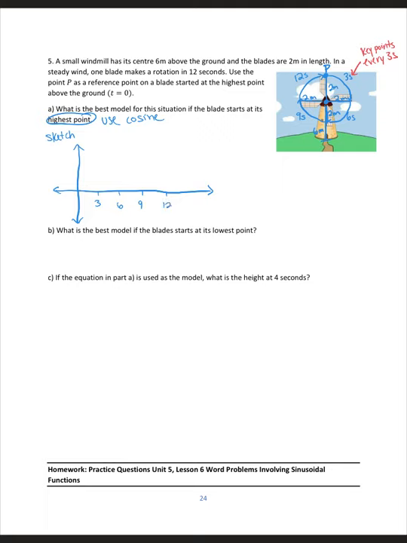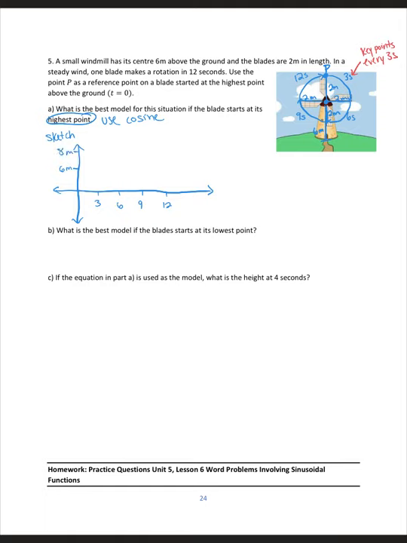We also know that the middle of this windmill is 6 meters. So we know the middle is going to be 6 meters. So if we think about what's the maximum height of point P, well, the maximum point is going to be 2 meters above that because we have to take into consideration the height of the blade. So our maximum is going to be 8 meters.